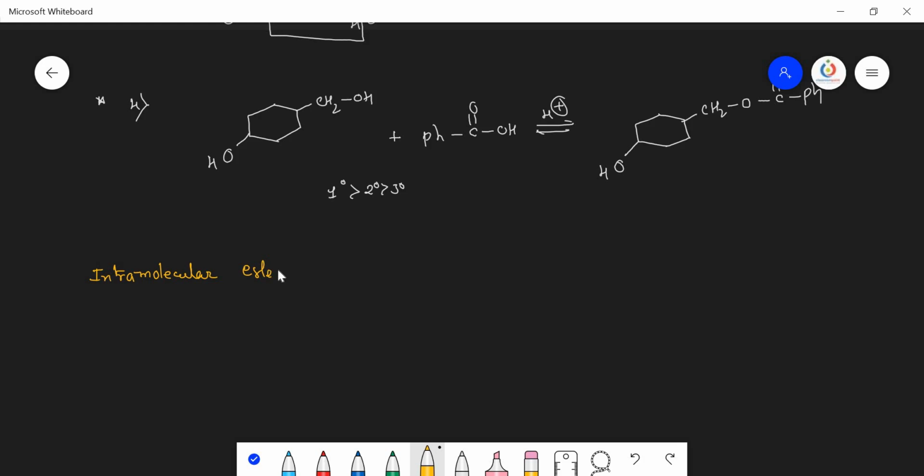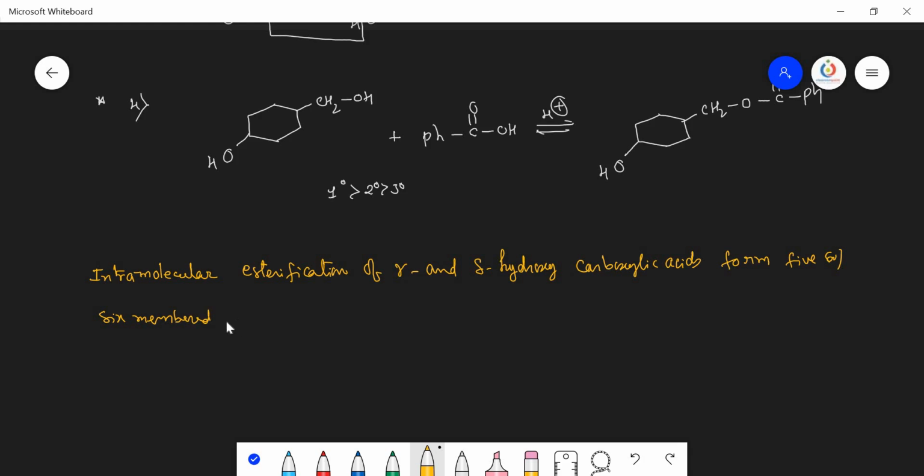Intramolecular esterification of gamma and delta hydroxy carboxylic acids forms 5 or 6 membered esters.